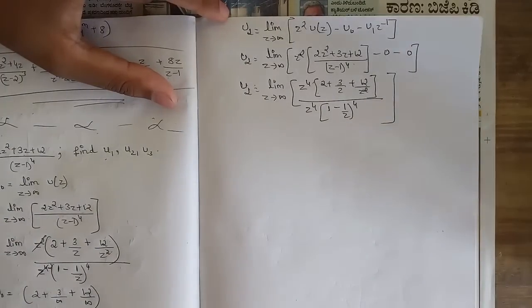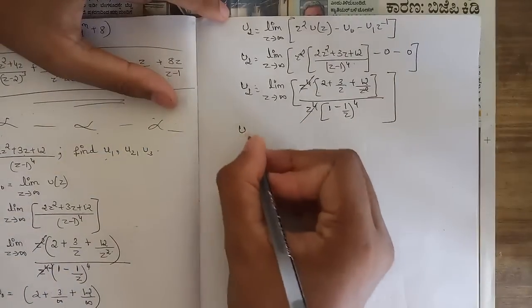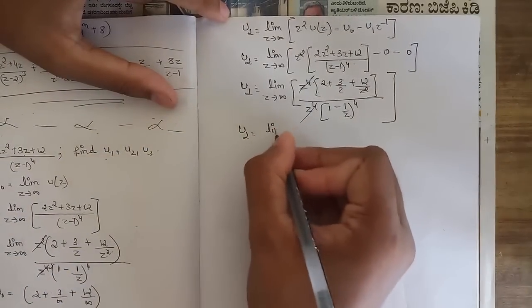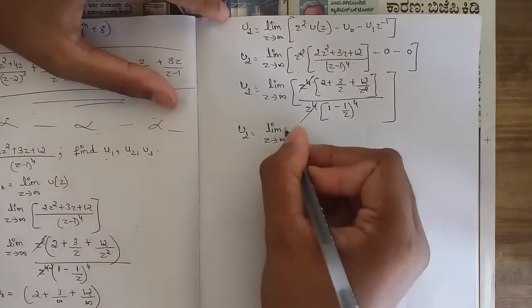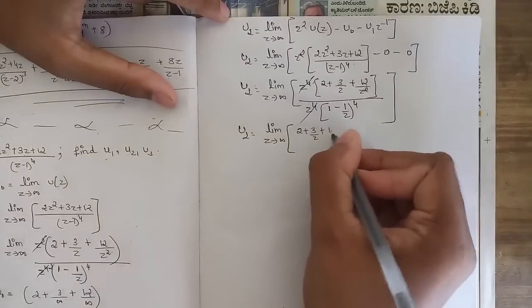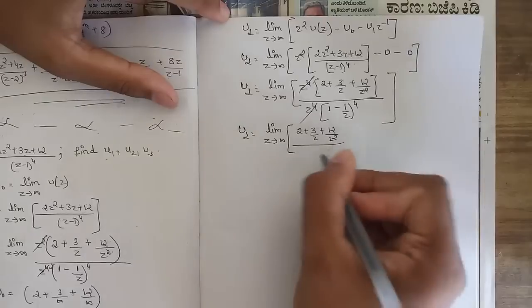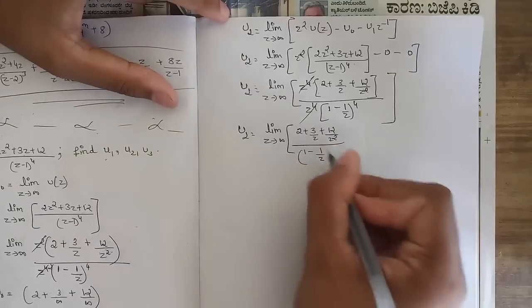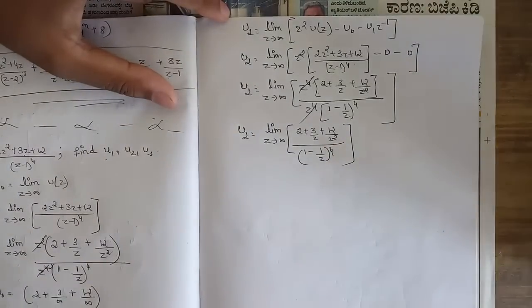So here we can cancel this z power 4. Okay, so the remaining term is 2 plus 3 by z plus 12 by z square divided by 1 minus 1 by z whole to the power 4.